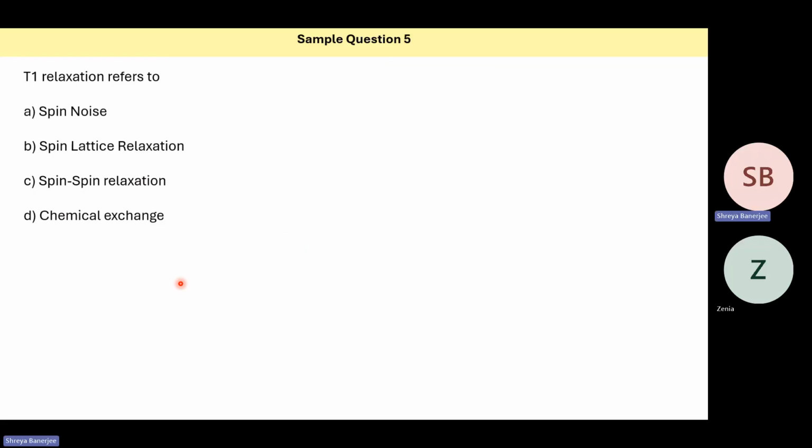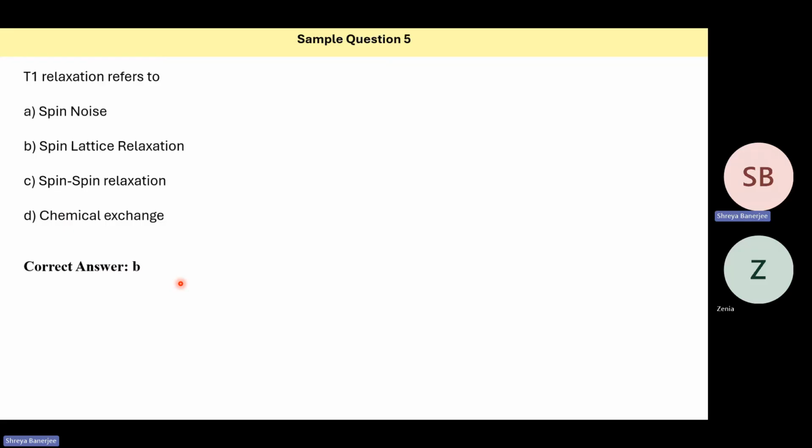Next question is asking about T1 relaxation. What does it refer to? So here the answer is spin lattice relaxation.